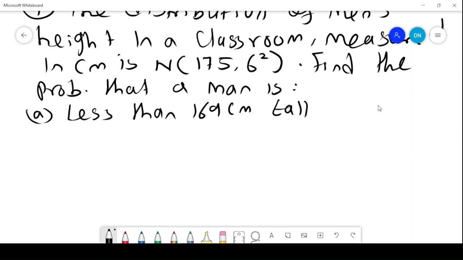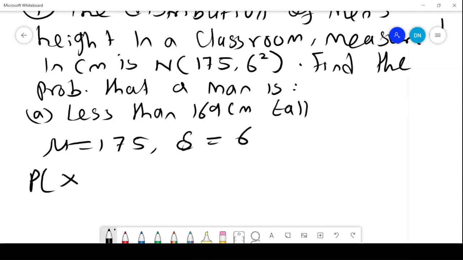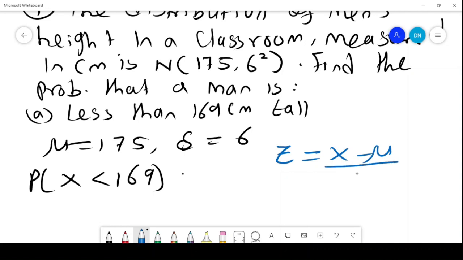And so we want to apply the principles of the normal distribution. We have been given our mu as 175, our sigma as 6. We want to find the probability that the person is less than 169 centimeters tall, and therefore we want to transform the normal distribution to the standard normal using this formula.